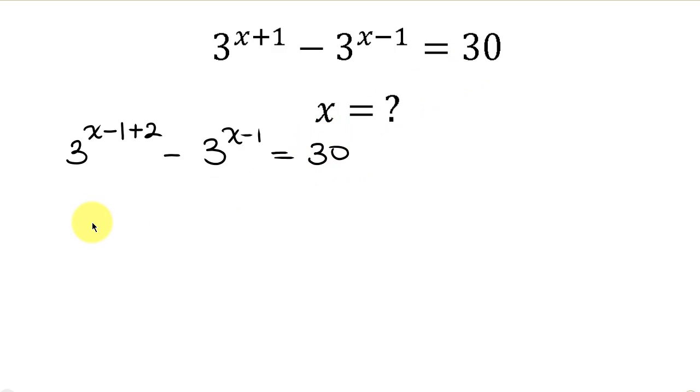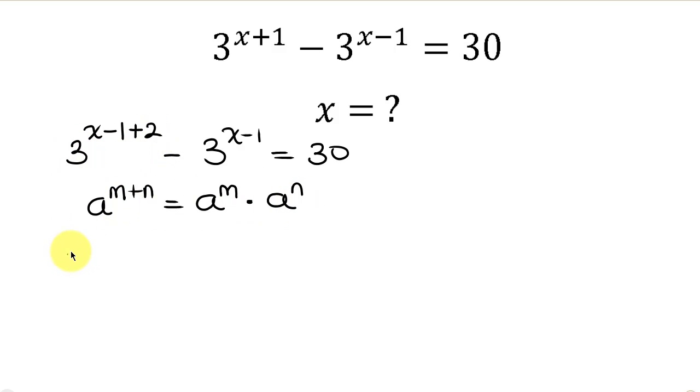Now our next step will be for us to apply the law of indices that says when I have a to the m plus n, this is the same as a to the m, and since we have plus here, this becomes times a to the n. Now let's apply this law of indices to what we have here.